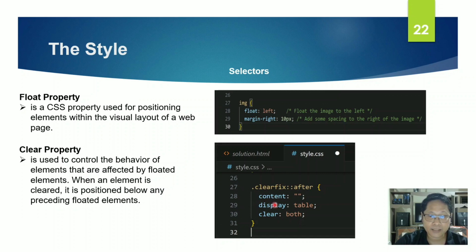By applying clear with the value both, as I said earlier, the clear both rule to a pseudo-element, which is ::after, this is our pseudo-element, the container will be positioned below any floated child element, regardless of their float direction. So this is a clear example of the clear property.